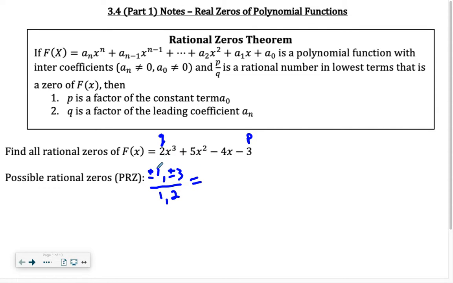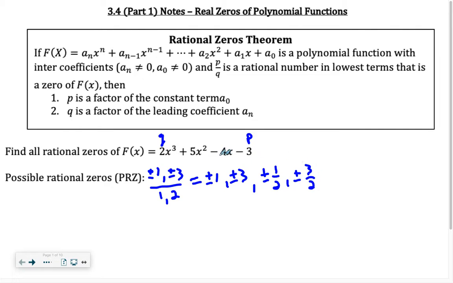So I'm going to list first the plus or minus 1 over 1 and plus or minus 1 over 2. Actually, let's do it this way. Plus or minus 1 over 1 and plus or minus 3 over 1. And then we'll do plus or minus 1 over 2 and plus or minus 3 over 2.